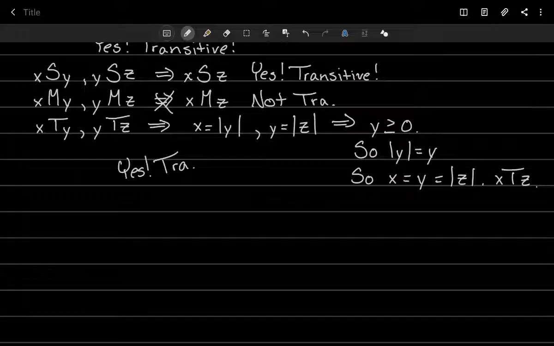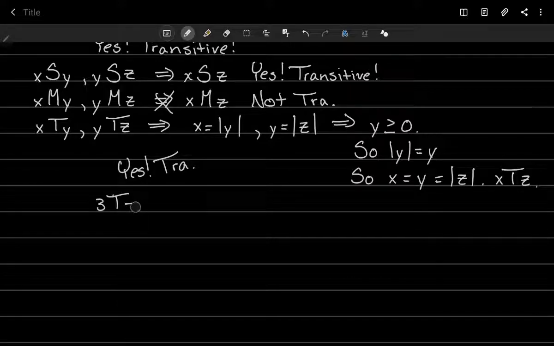Notice here with transitive, with this example, I do have things like, let me write it in the other notation, 3 related to negative 3, but I'm never going to have a negative first. So I'm never going to get negative 3 related to something. So I don't have to worry about transitivity when it ends in a negative 3, because I'll never have a matching starting negative 3.